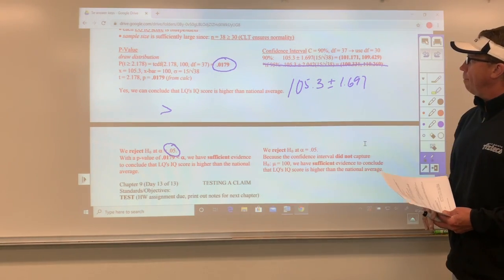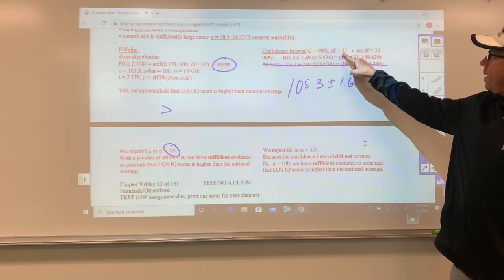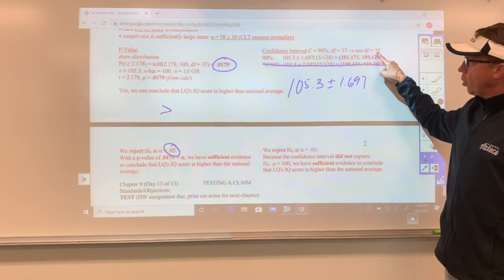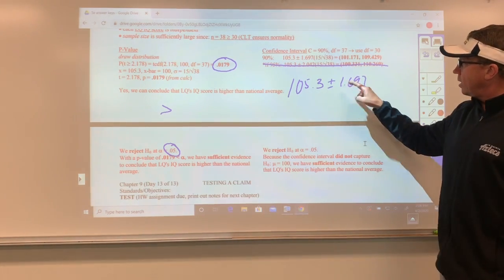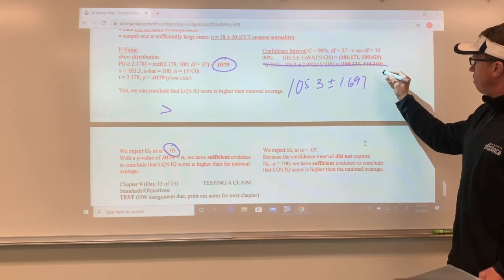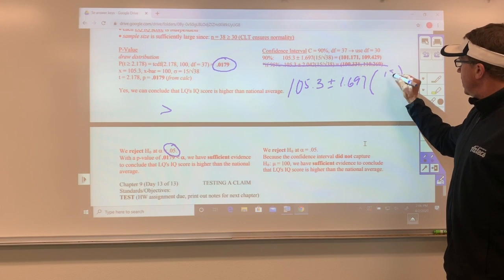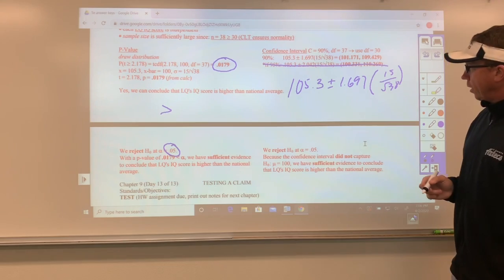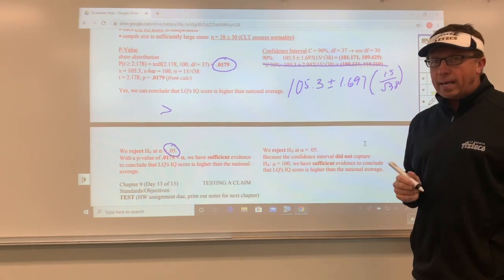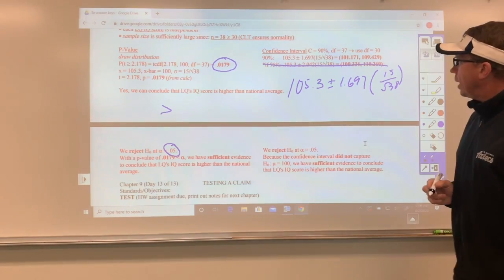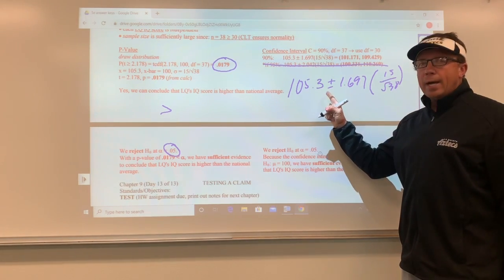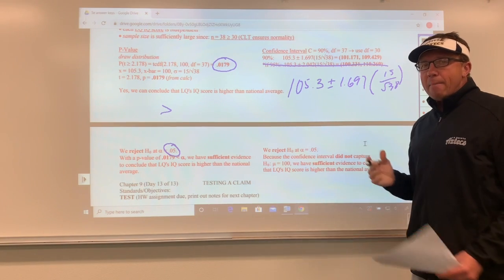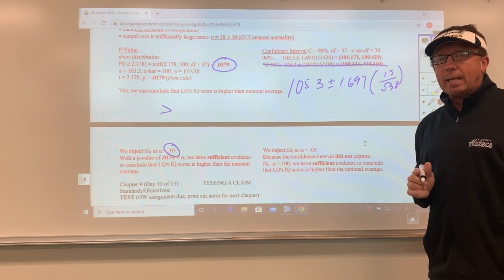How did I get that number? That is degrees of freedom 37, but the closest number on the formula sheet is 30 at 90%, and that's the number on the chart. Then you multiply that by 15 over the square root of 38. When you do that, what you're going to notice is 100 is not in the interval. It's slightly higher, meaning that we have evidence that we're slightly better than the nation.